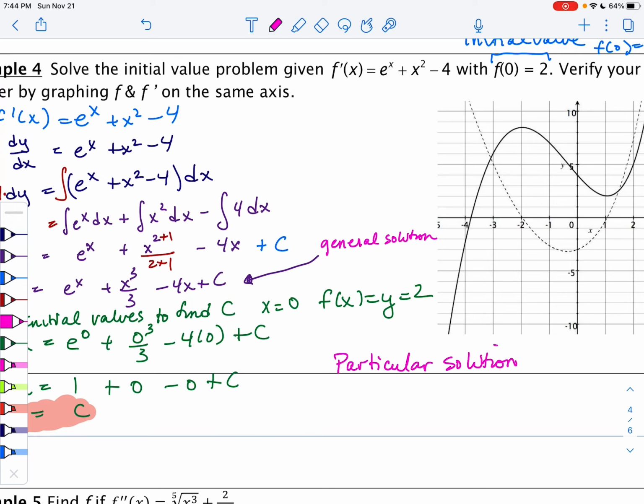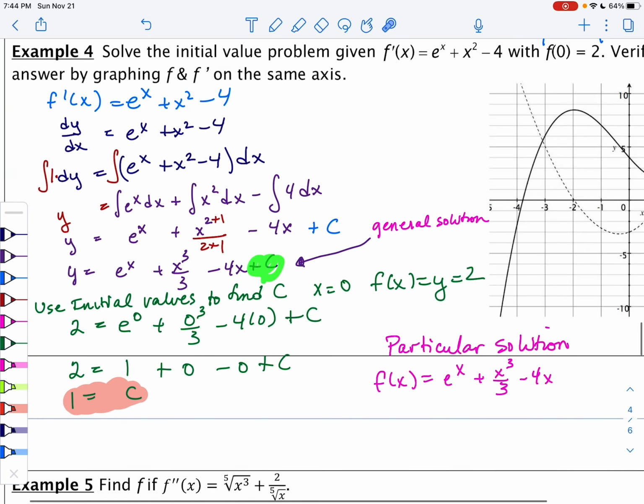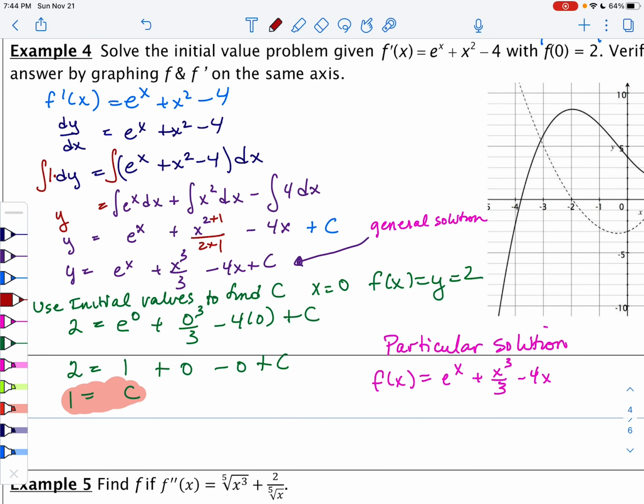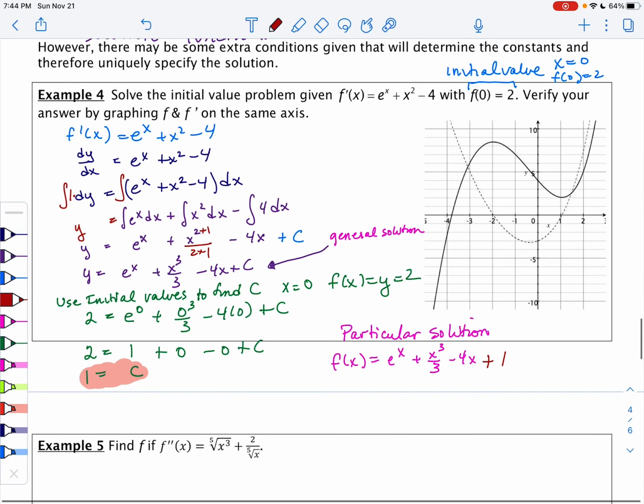It is the particular function that passes through that point. So we would get f of x. We still get e to the x. We still get x cubed over 3. We get minus 4x, but now our c we determined was 1, so it's going to be plus 1. And that is our answer.